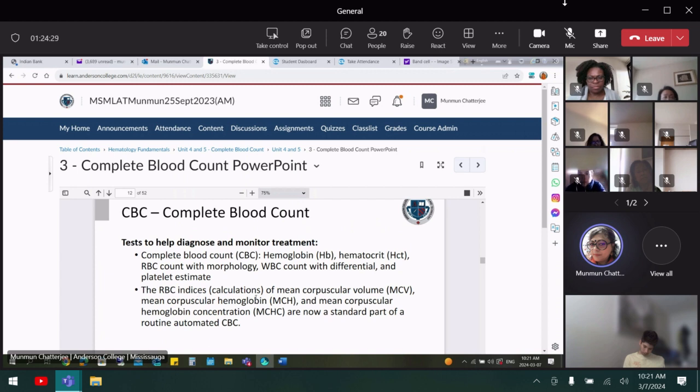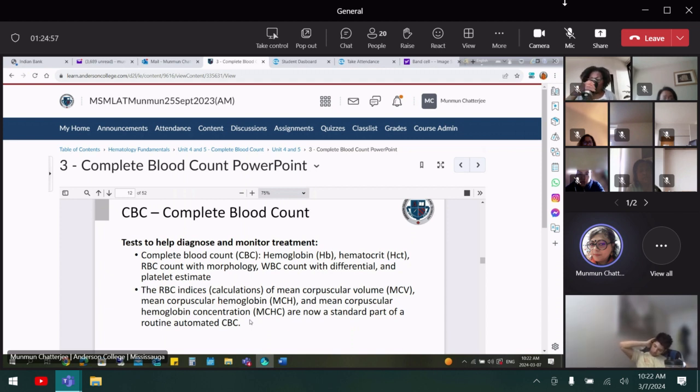Indices means what type of indication you can get from the RBC count, hemoglobin, and morphology. Mean corpuscular volume, mean corpuscular hemoglobin. Mean means average. Say one cell is big, one cell is small, it's not too much, so it's going to be the mean.